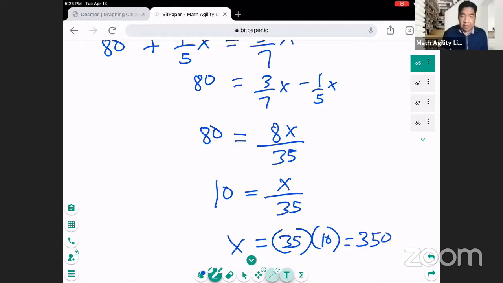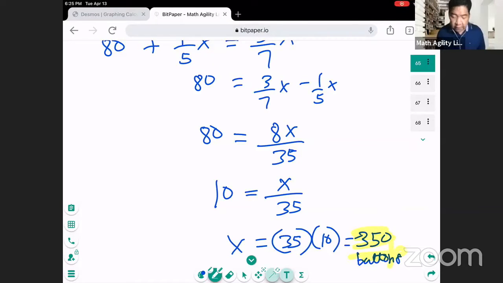So initially, the number of buttons would be 350 buttons. That is the question being asked. So we have 350 buttons.